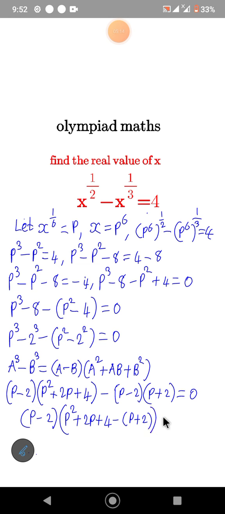Then I'll close the bracket, everything equal to 0. Then here will be p minus 2, open bracket again, p squared plus 2p plus 4, minus p minus 2, equal to 0.